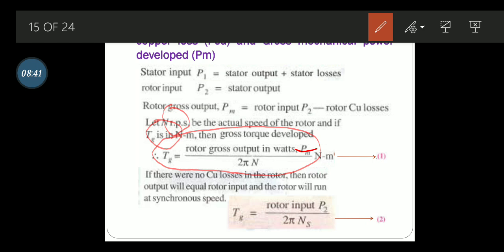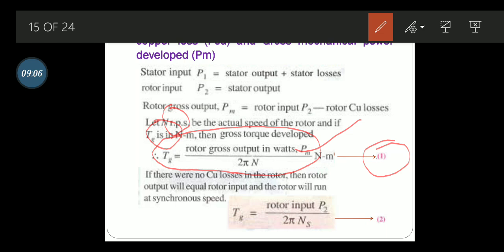Again, this is the general expression: output power is equal to 2 pi n T divided by 60. So Tg is equal to Pm divided by 2 pi n, in Newton meter. Call this equation number 1.